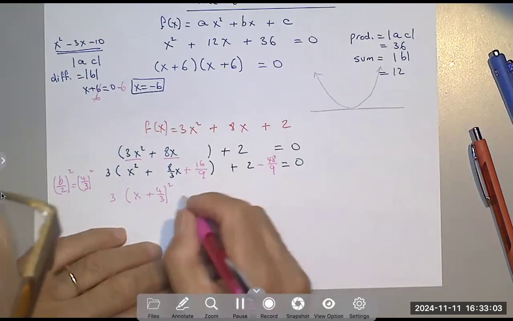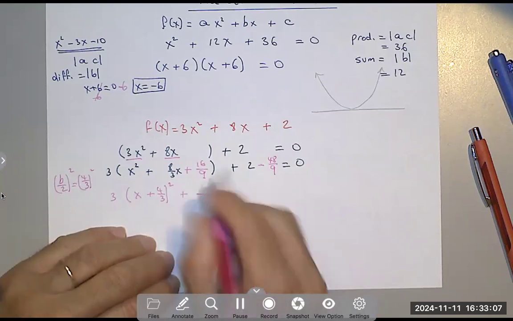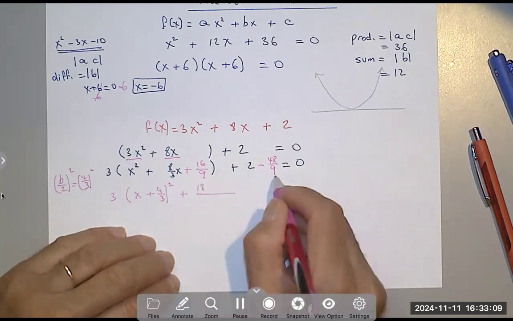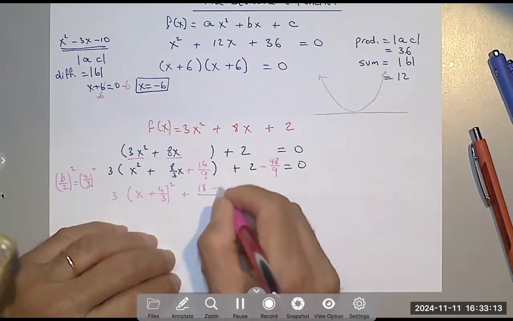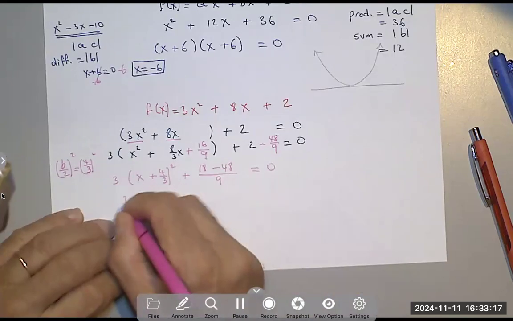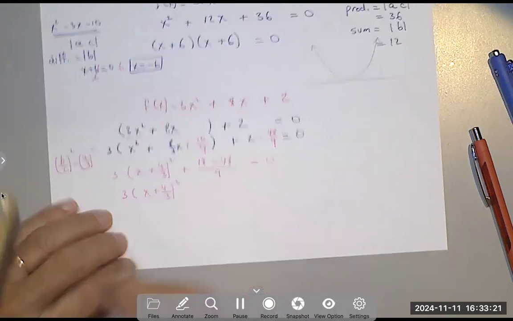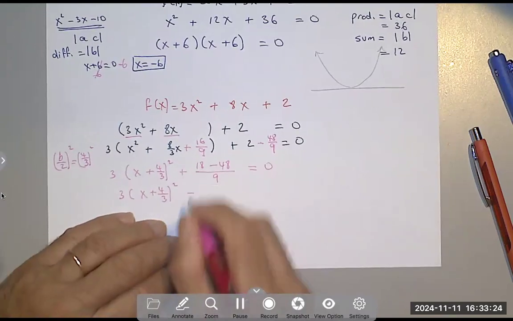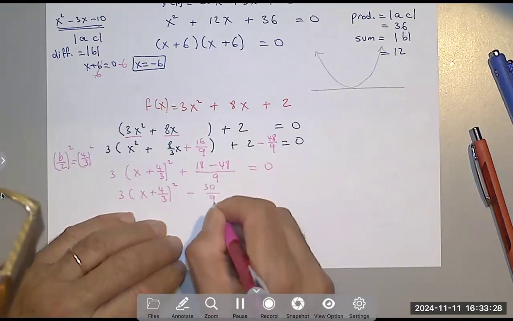And then here I say plus, the 2 is 18/9, so 2 is 18/9 minus 48 equals 0. So I'm going to say 3 times x plus 4/3 squared minus, because 18 minus 48 is negative, 30/9 equals 0.